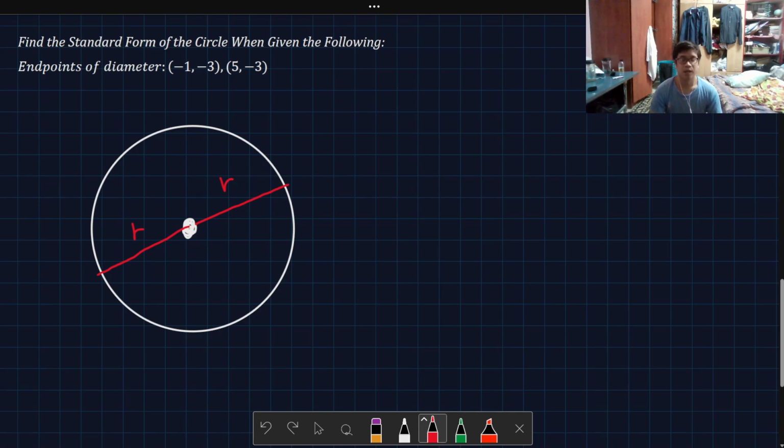Now, what of it? If you have one whole straight line like this and it passes through the center, this line is what you call the diameter.